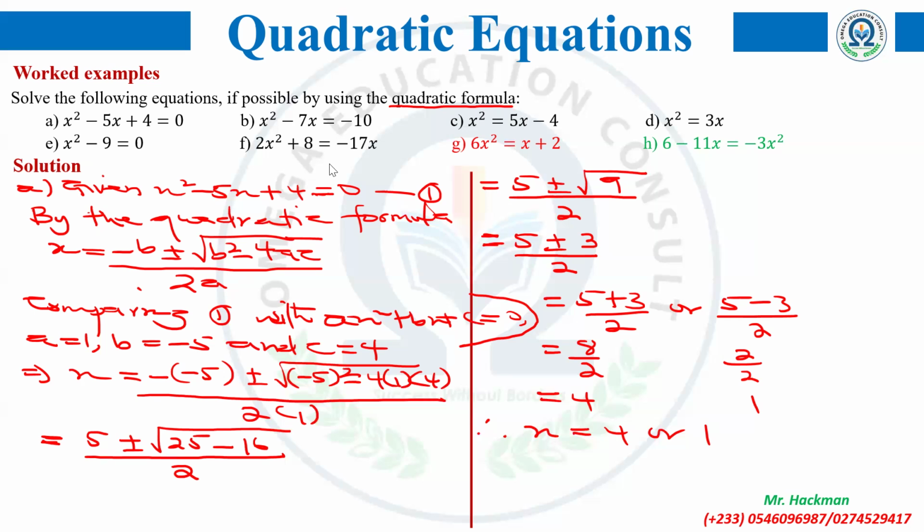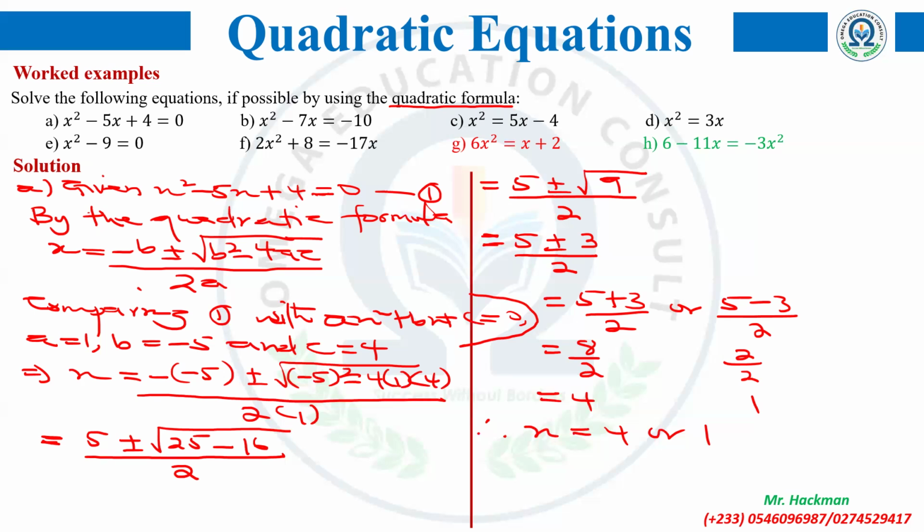It is only when factorization fails that we resort to the other two: the quadratic formula, and the method of completing the square, which we are yet to do. So for now, if factorization fails, it's the quadratic formula that you can use. You cannot use any other formula until we do the other one. But even between the two, if factorization fails, my advice will always be go for the quadratic formula. The method of completing the square, unless you are restricted, don't use it.